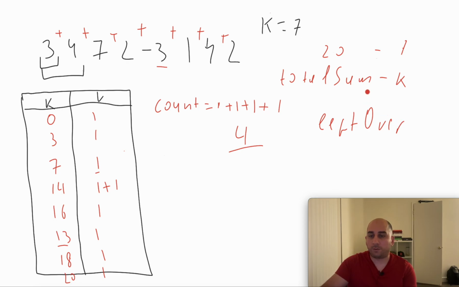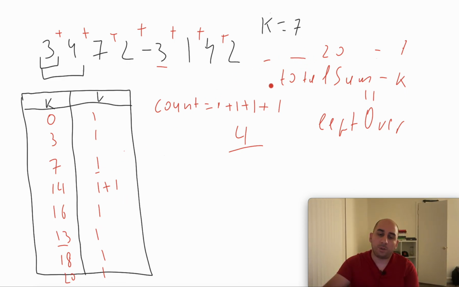So whatever is left over should exist in the array, and the count of how many times we can have the subarray equal to 7 is equal to how many combinations of those leftovers we can have. For example, if somewhere around here we meet some value that is equal to 14, leftover, then it means that at that point we can have it twice.